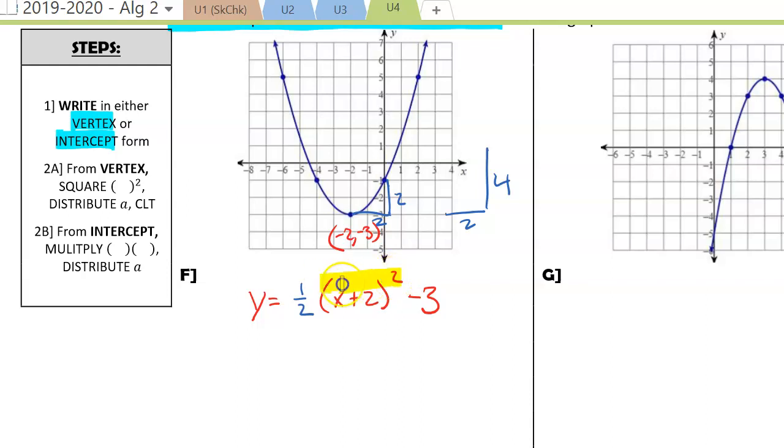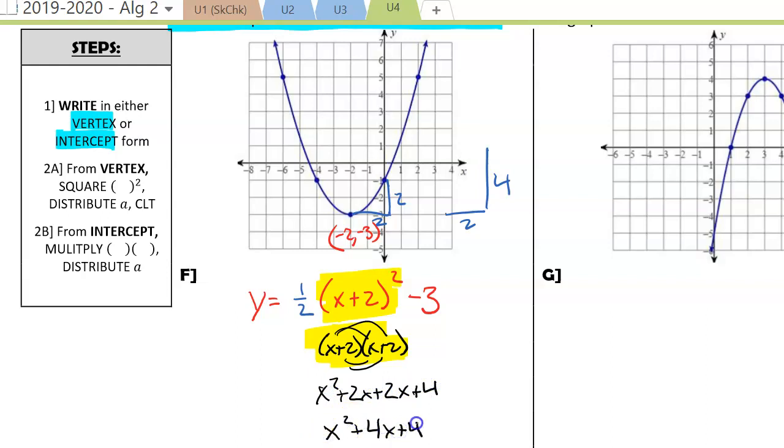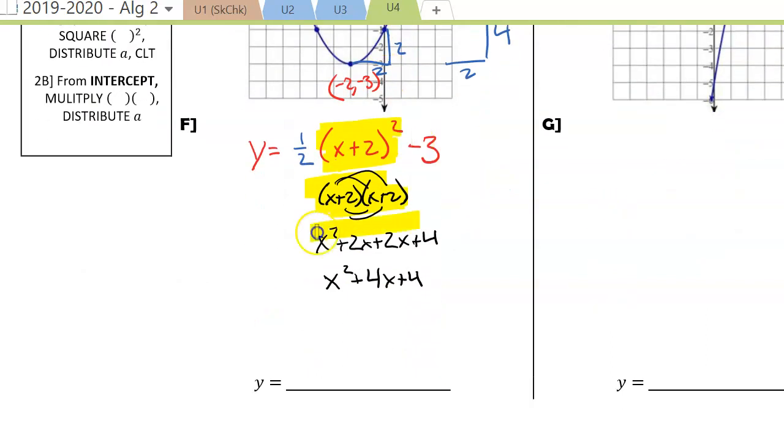So using exponents first, I need to go ahead and do (x plus 2) squared, which means we do (x plus 2) times (x plus 2). That's what it means to square something. I use the distributive property: x squared plus 2x plus 2x plus 4, giving me x squared plus 4x plus 4. So again, this was all the stuff happening in the parentheses in yellow.